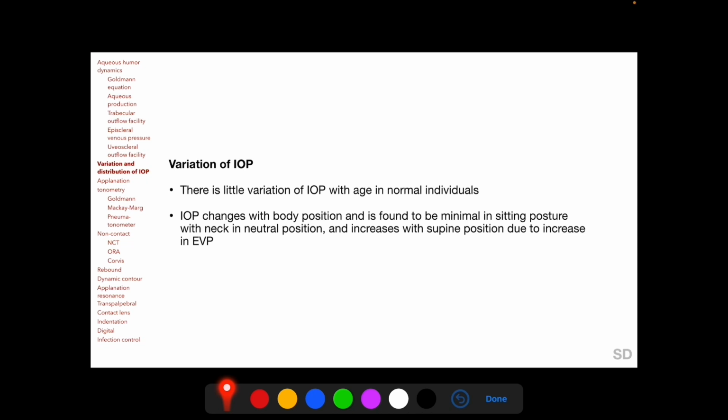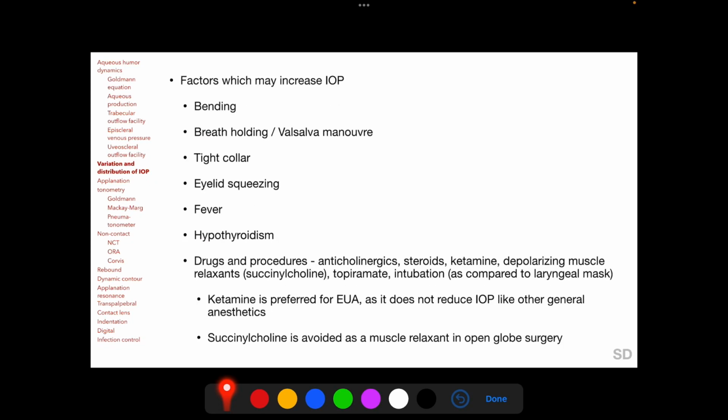Intraocular pressure is affected by body position and is found to be minimal in the sitting posture with the neck in neutral position, and intraocular pressure increases with supine position due to increase in episcleral venous pressure. Factors which may increase intraocular pressure include bending, breath holding, Valsalva maneuver, tight collar, eyelid squeezing, fever, hypothyroidism, and drugs and procedures.